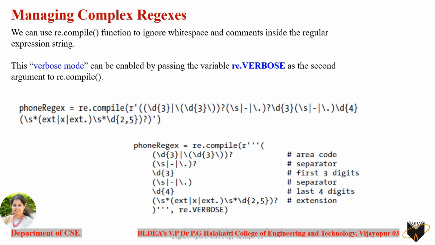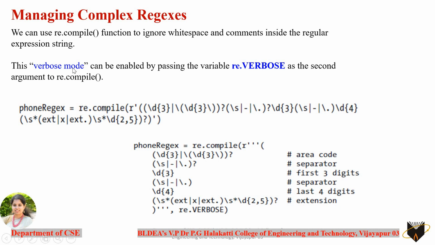The comments are required just for the developer to understand for what purpose the patterns have been designed. So regular expressions provide this facility to include multiple spaces as well as comment lines as part of the design pattern, which can be ignored during execution.